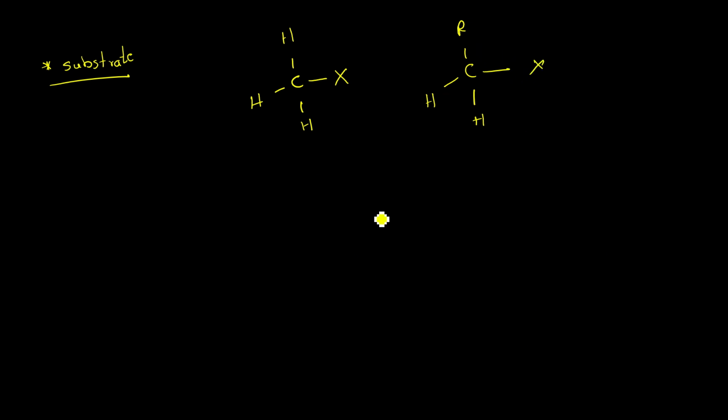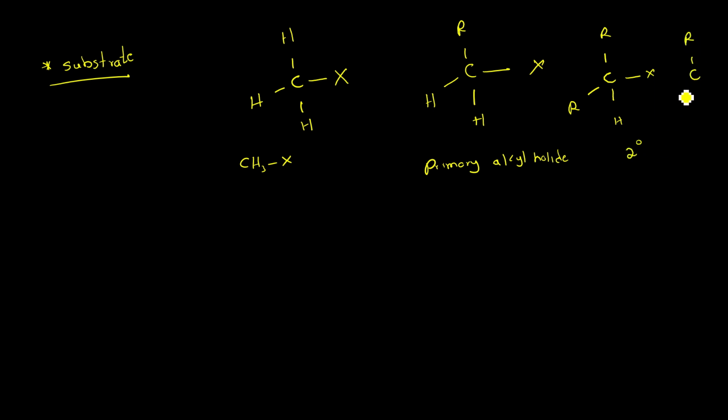Sorry, I just misspelled it. So this is basically CH3X. Here you have a primary alkyl halide, and then you have secondary alkyl halides, and then you have tertiary alkyl halides, right?